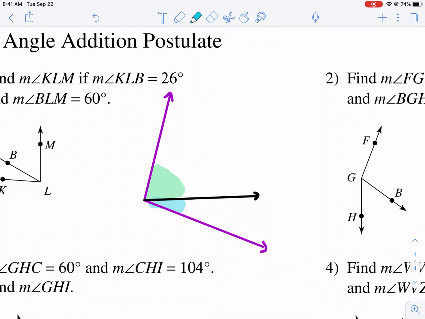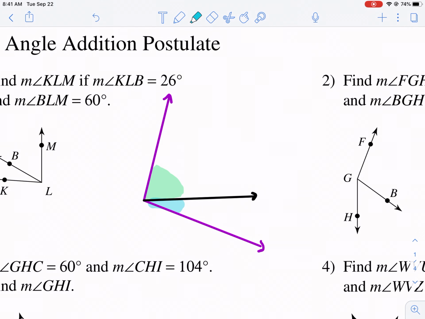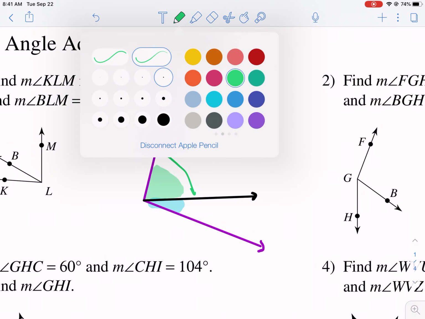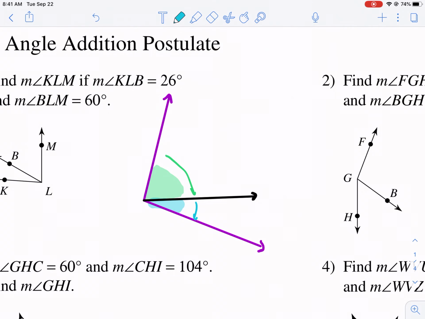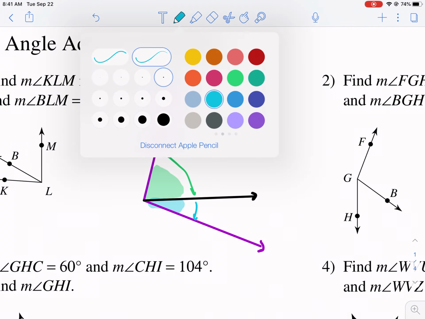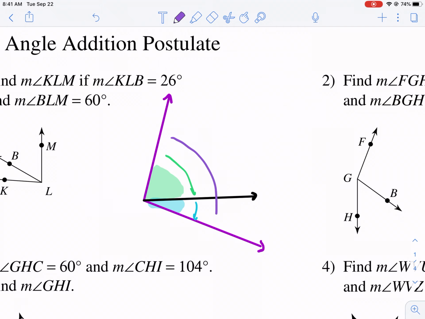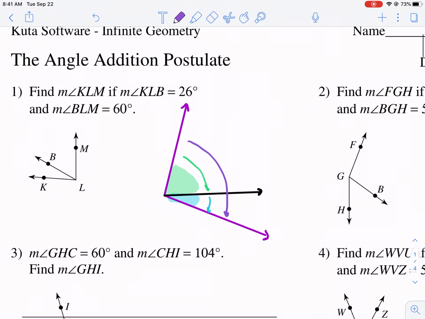Essentially what the angle addition postulate says is we can add this green angle plus this blue angle, and it will be the sum of the entire purple angle. I know that purple's not the same color, but you get the point. So the smaller angle plus the other smaller angle compose the bigger angle, so you can add them together and it equals the bigger angle.